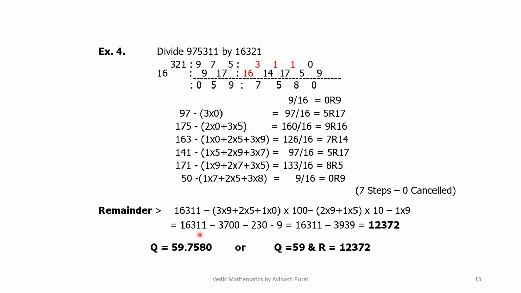So 16311 minus 3700: 27 plus 10, 37 into 100, 3700, minus 230: 18 plus 5, 23 into 10, 230, minus 9. So 16311 minus 3939, that is 12372. Now the quotient is 59.7580, or quotient 59 and remainder 12372.